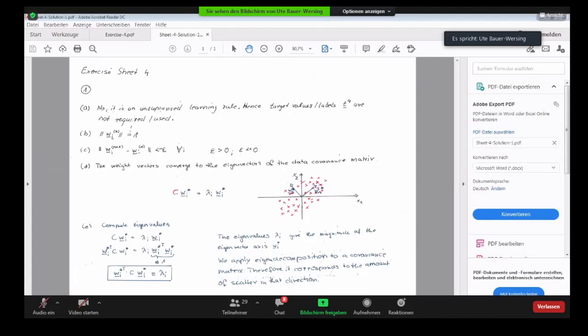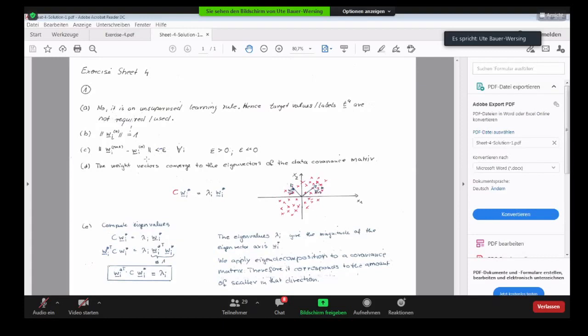Basically, no, it is an unsupervised learning rule, hence target values or labels are not required or used. I mean, it's not a problem if they are available, but they are not used by this learning algorithm. Part B, make sure that the weight vectors you start with are normalized. Part C is, when do you decide that learning has terminated, or when you are on the safe side to terminate learning?